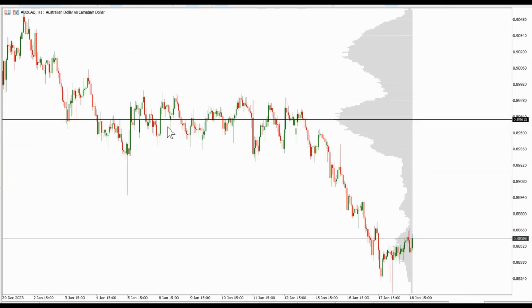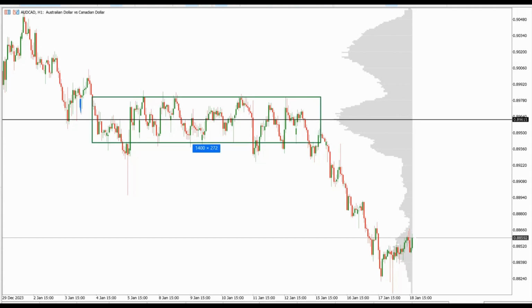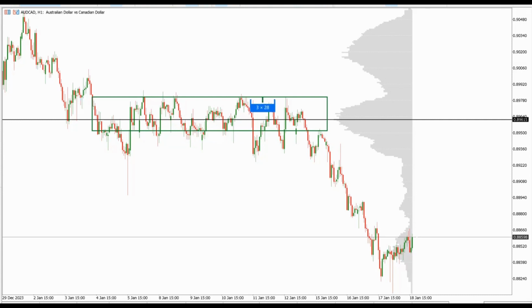Here, this is where we are, right? I will be analyzing the market here. From this point here, I can say this is a range market. The market is ranging at this point.